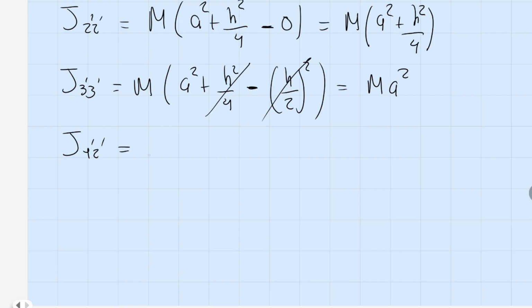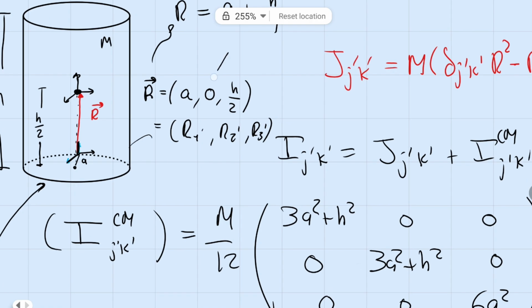Okay, so we are going to calculate now the J12 component, and we will have the mass times the Kronecker delta 1,2, which is going to be 0, of course, times r squared, minus the first component of the vector r times the second component of the vector r, but remember that the second component is 0.